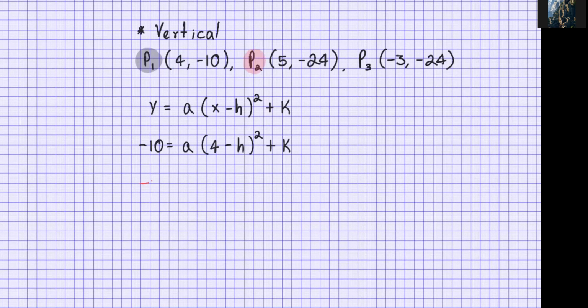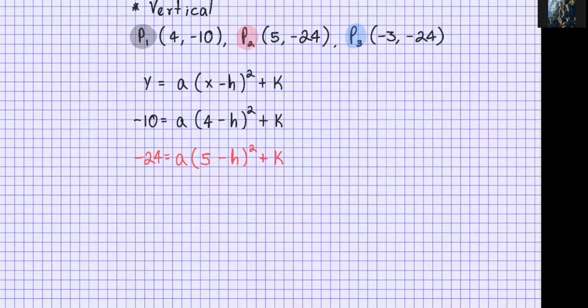So it'll be -24 equals a, that multiplies 5 minus h squared plus k. I do the same for the third point, this one here. So I will have -24 equals a times -3 minus h squared plus k.